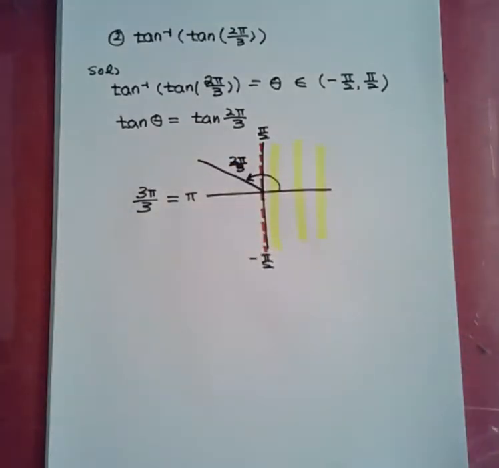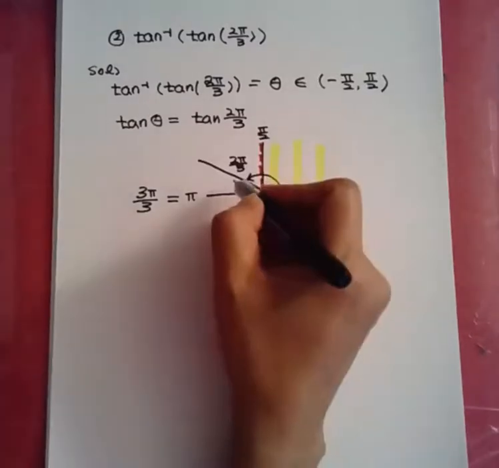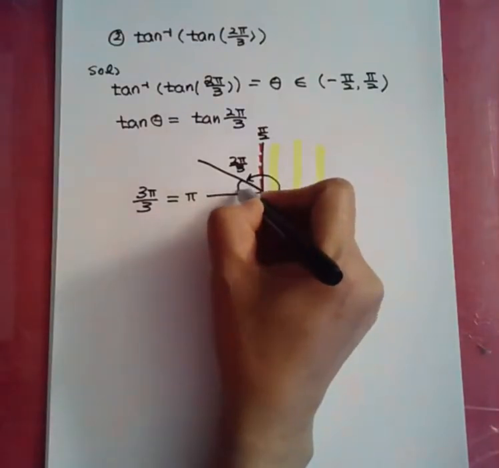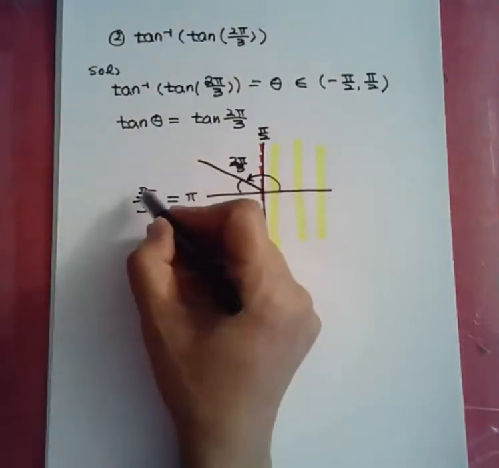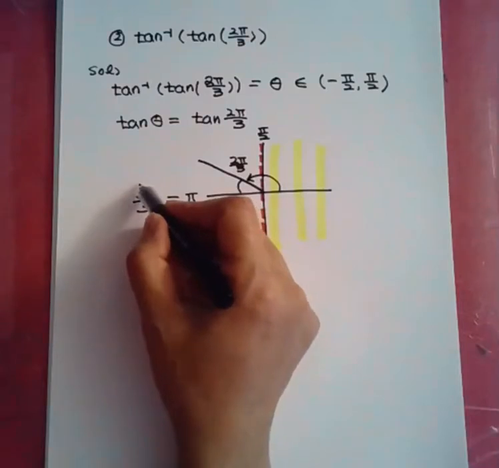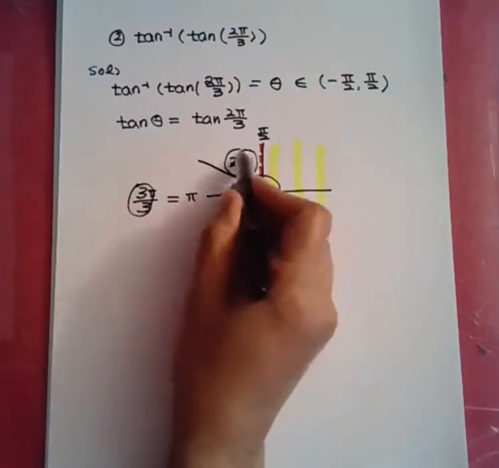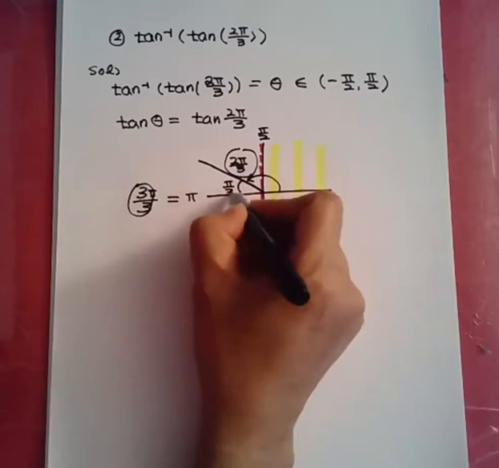In that case, that is not in the range of tangent inverse. So we have to look for the angle between minus pi over 2 and pi over 2. The way we do that is by considering the reference angle first. So we think about the difference between this number and this number, which is pi over 3.